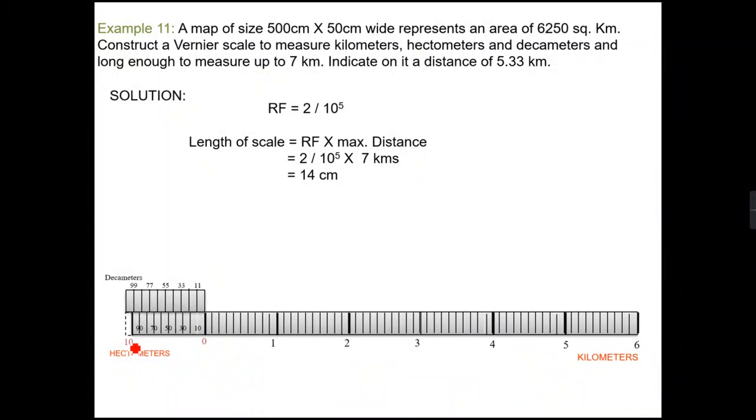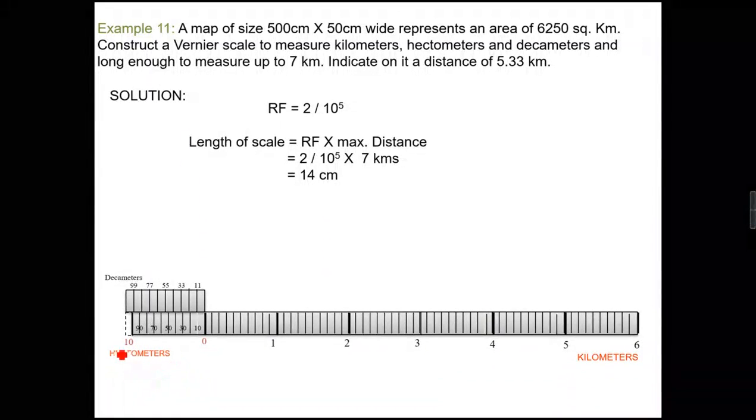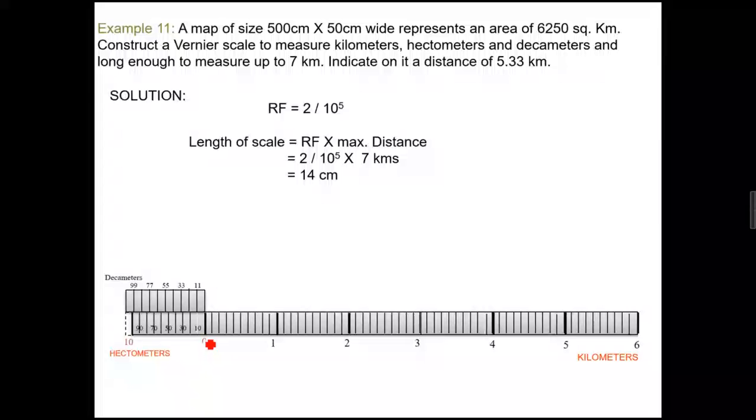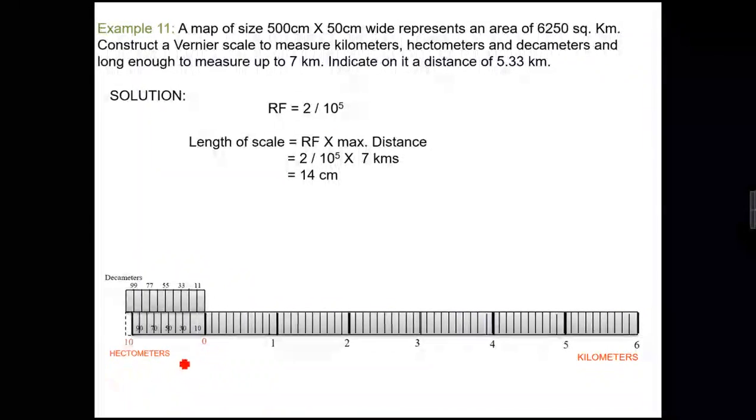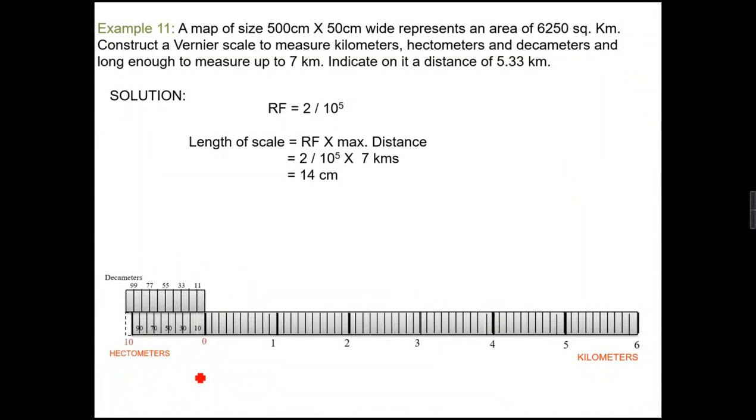If you are writing 0 to 1, then you should write kilometers here. If you are writing 0 to 10, it means hectometer, and if you are writing 0 to 1000, then the unit will be meters, and if you are writing 0 to 100, then the unit will be decameters.